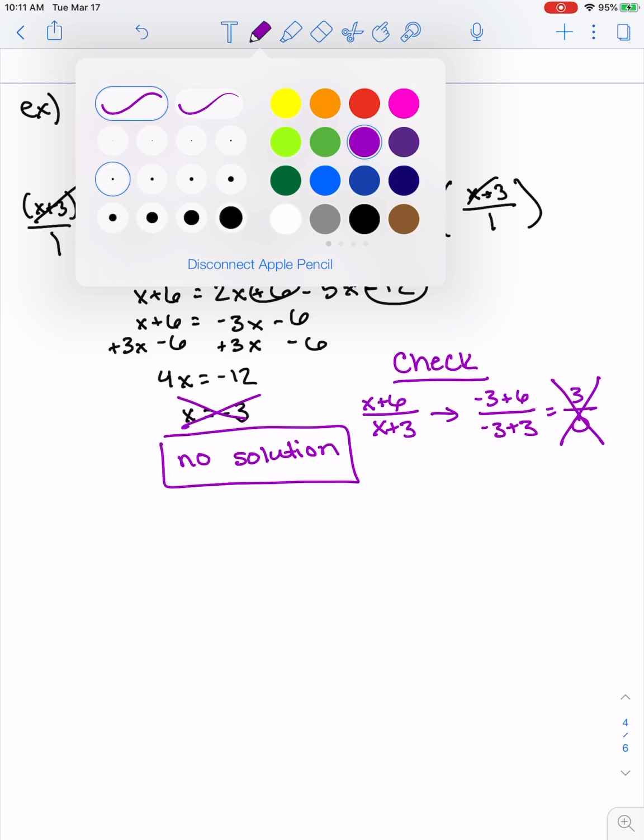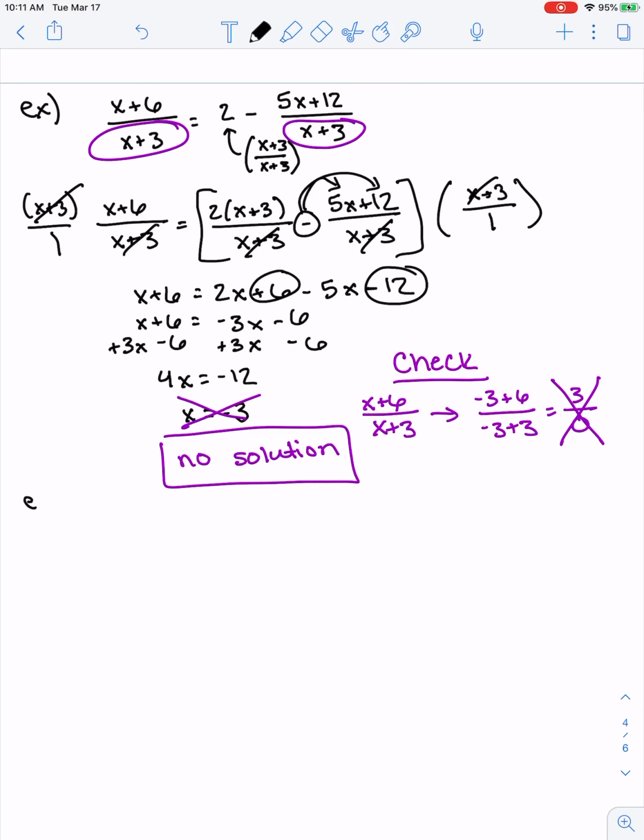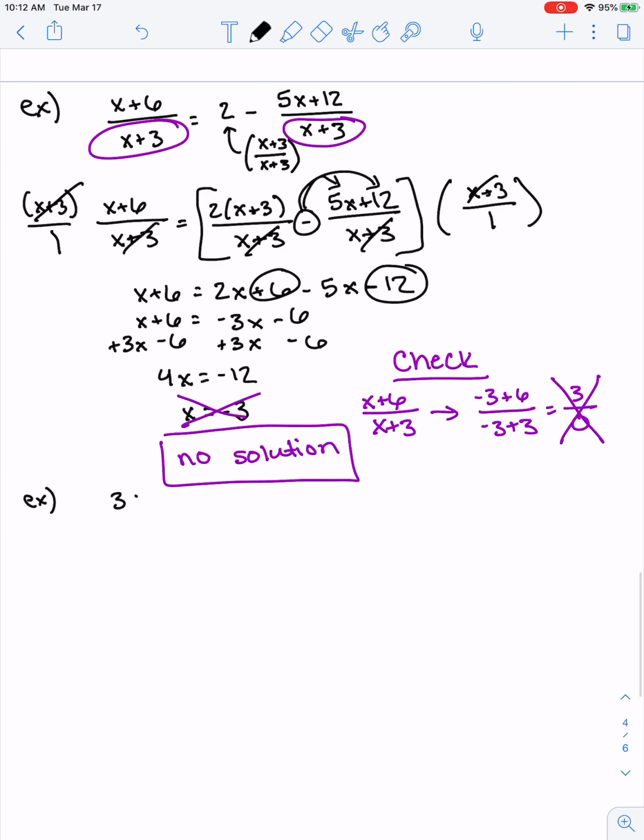Okay, let's do one more example. If I have 3c minus 2 over c squared minus 4c is equal to c over c minus 4 minus 1.